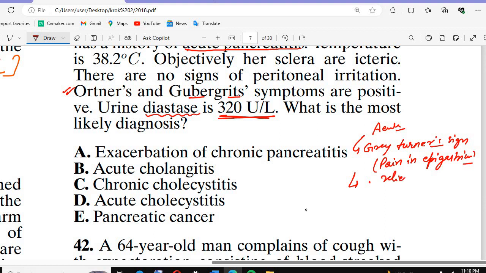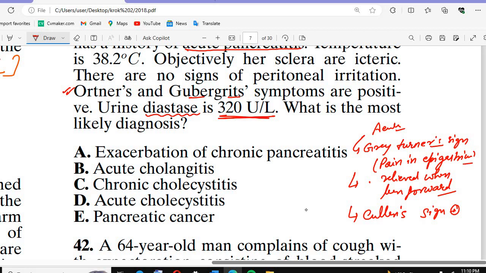These are very important keywords that you need to remember. Along with that, the Cullen sign will also be present.